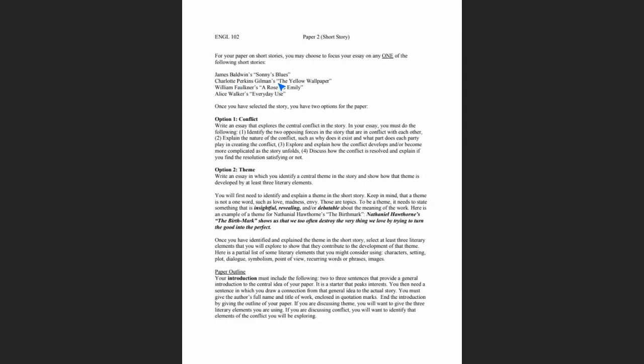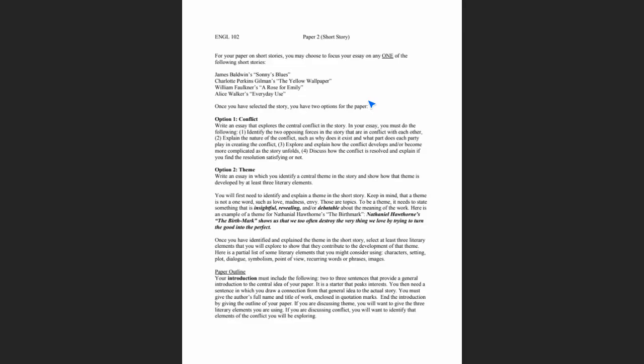If you do Charlotte Perkins Gilman, give her full name and the title of the work. Once you give the full name and the title of the work in the introduction, you don't have to give it again. When you refer to the author throughout the rest of the work, just use their last name, such as Baldwin, Faulkner, Walker. You may want to come back and give it at the end in the conclusion.